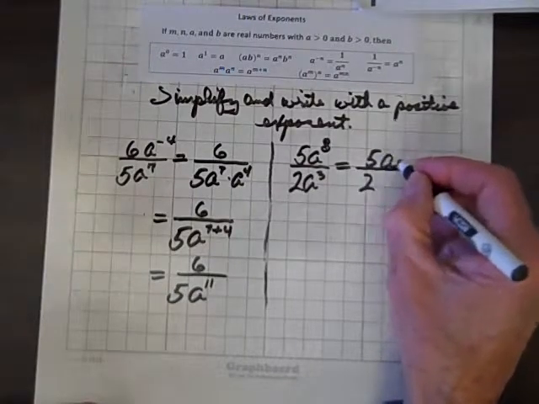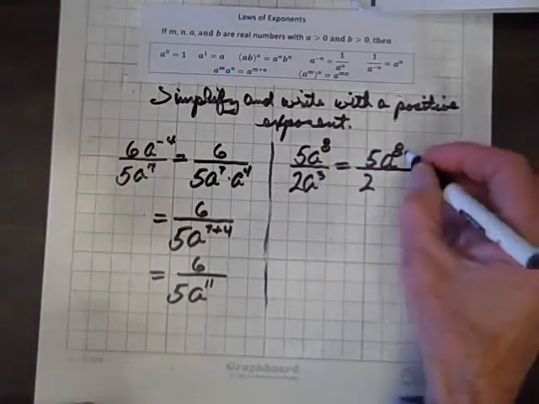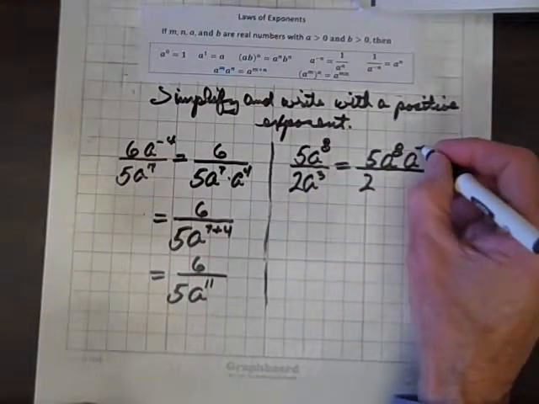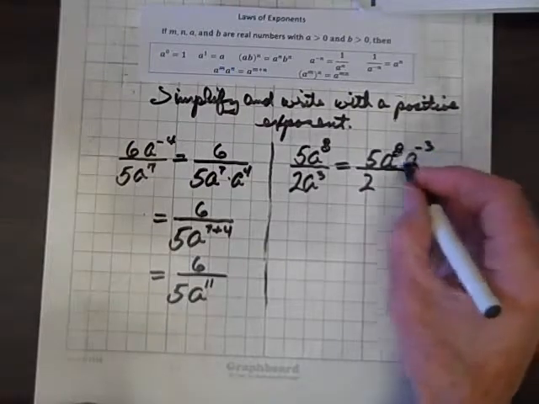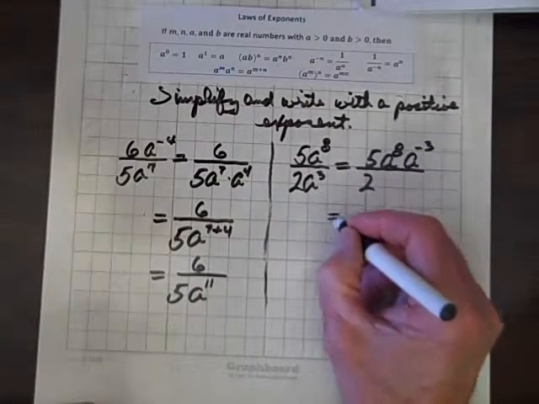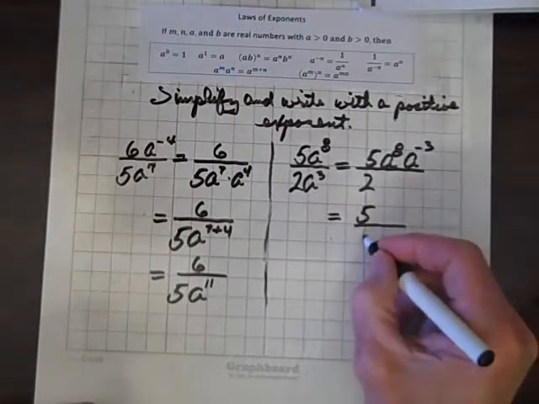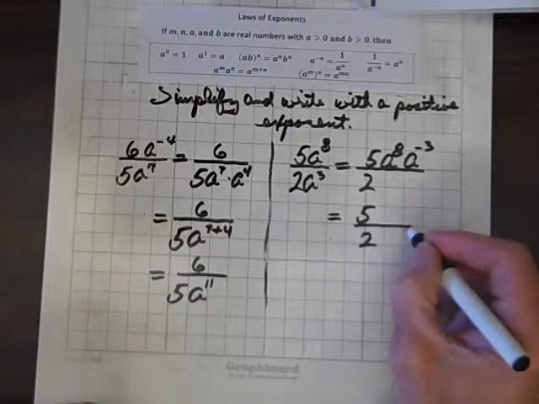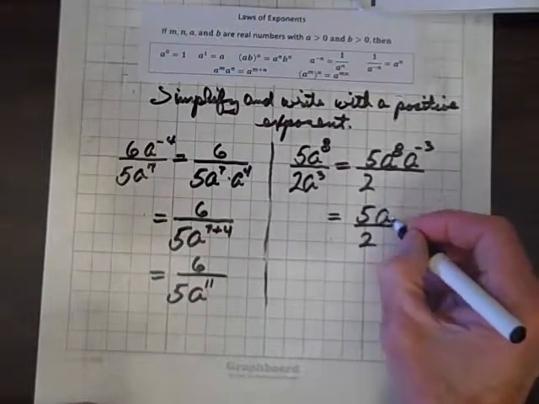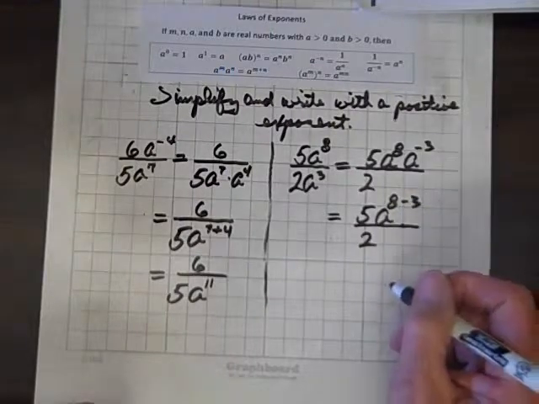And we have a to the 8th, and I'm going to move this base upstairs, and I can do that as long as I change the sign on the exponent from positive to negative. And now this equals, again, the 5 and the 2 remain as they are, and we have a to the 8 minus 3.